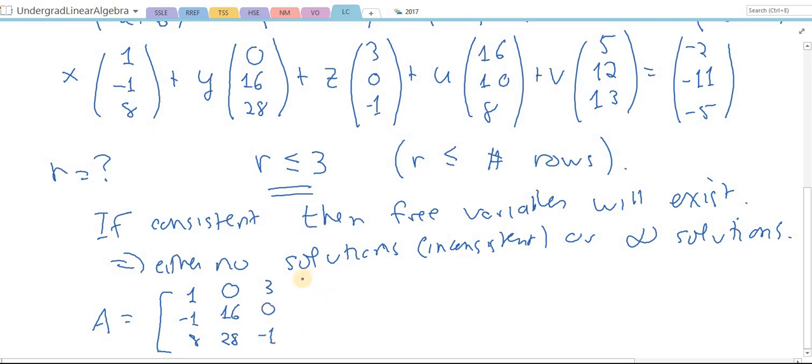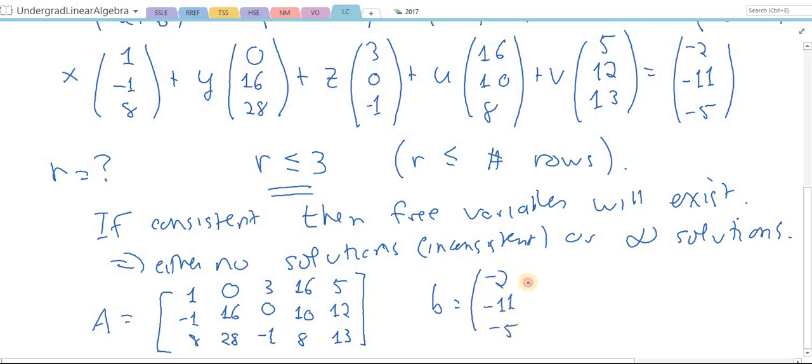Then I have 16, 10, 8. Then I have 5, 12, 13. And then that's the end of my A. Then my B, my constant vector, is equal to minus 2, minus 11, and minus 5.